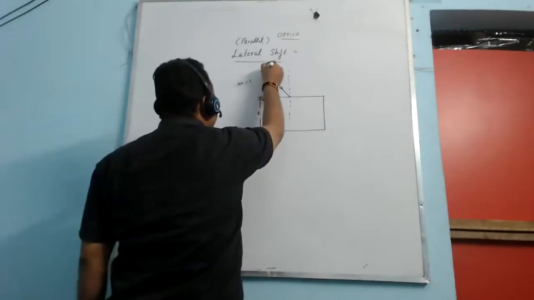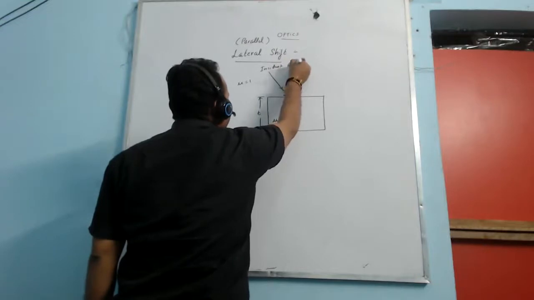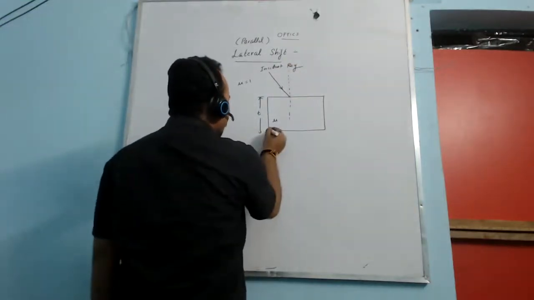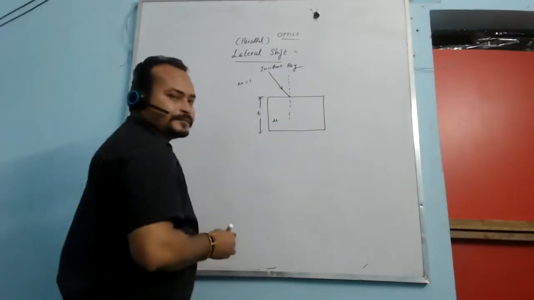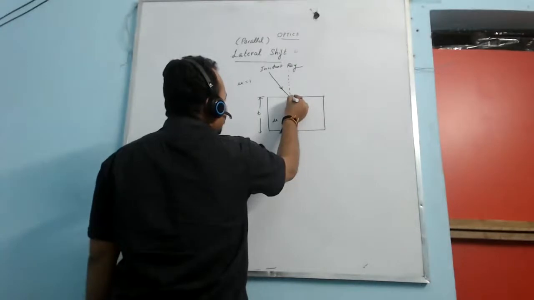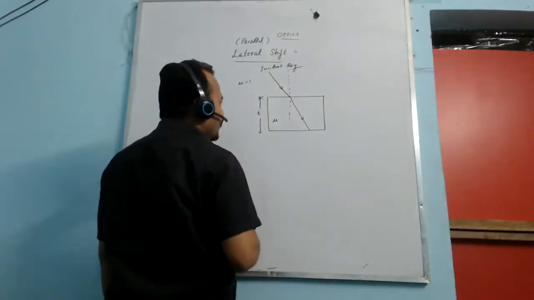This is called the incident ray. We assume that the refractive index of the glass slab is greater than air. Then this ray bends towards the normal and goes like this. This ray is called the refracted ray.